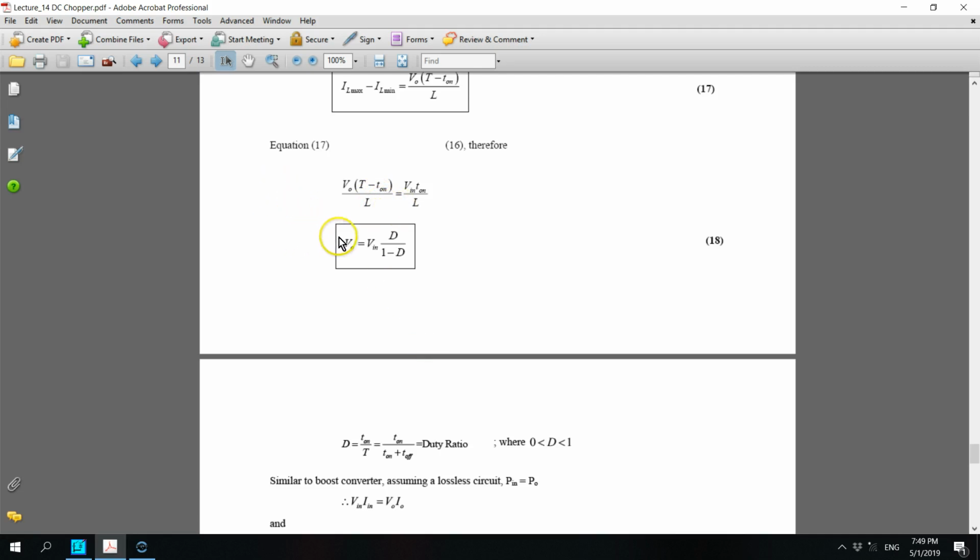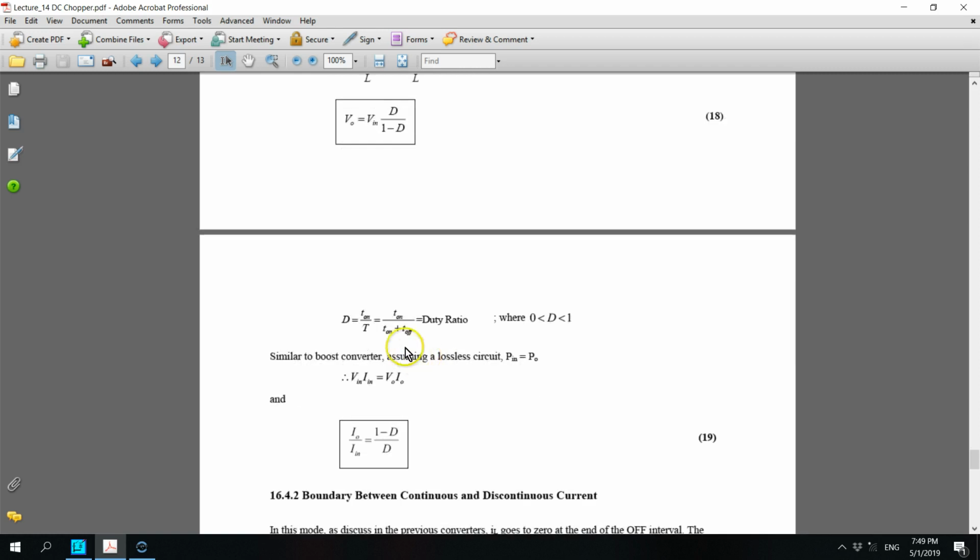So the buck-boost circuit is able to produce an output voltage which is lower or higher than the input voltage, determined by the value of D. You can vary D from 0 to 1 to get the required output voltage.